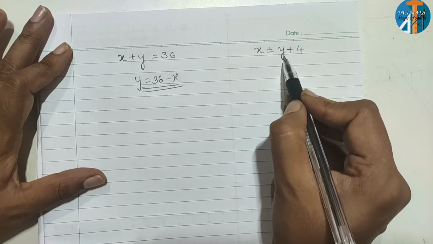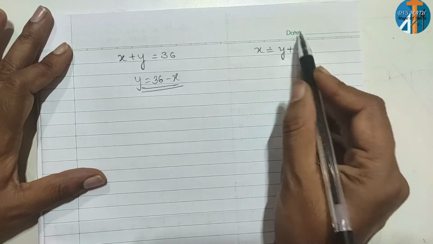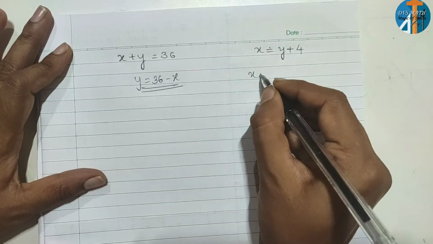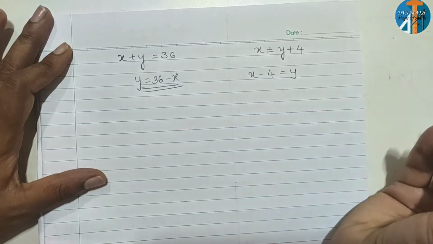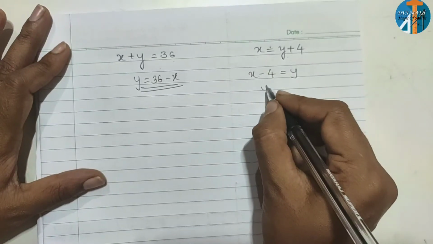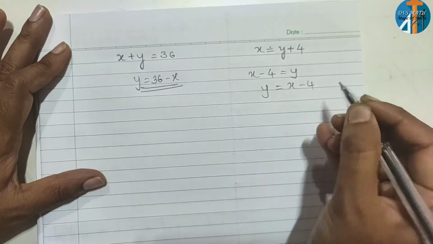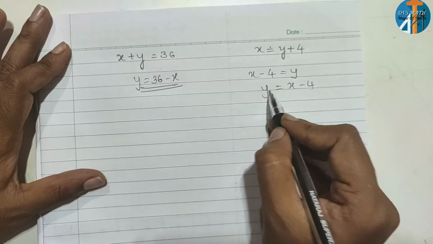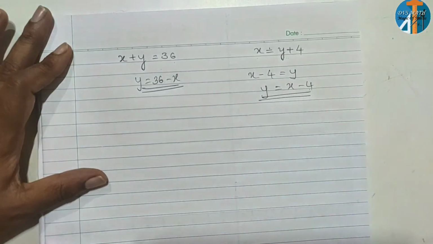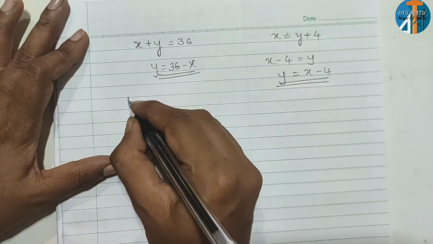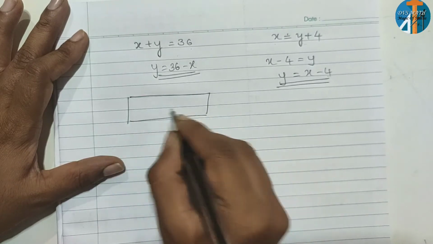Take 4 to the LHS, so plus 4 becomes minus 4: x minus 4 is equal to y. Now you just interchange, don't need to change anything: y is equal to x minus 4. So you got two equations. Now let's solve these two equations by taking different values.